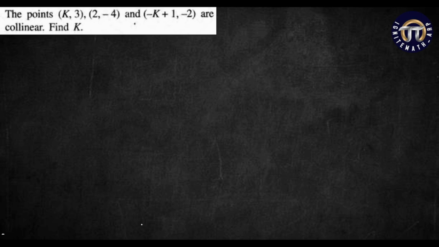If the points (k, 3), (2, -4) and (-k+1, -2) are collinear, find the value of k.